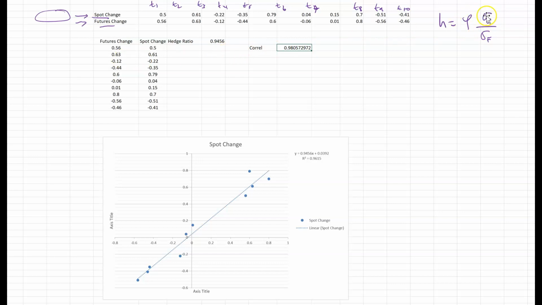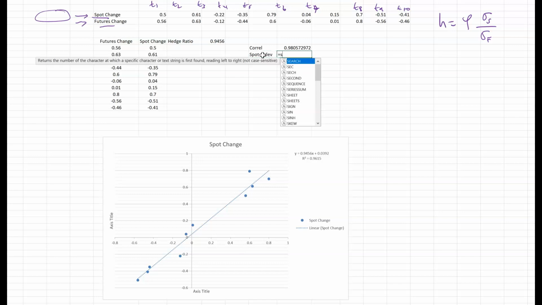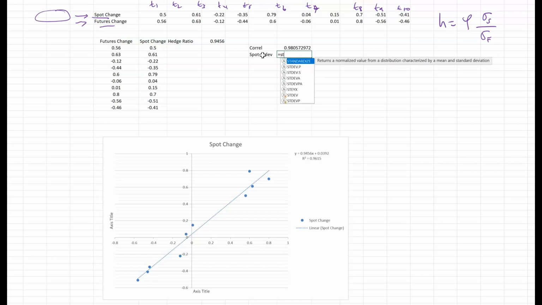Next, we need the standard deviation of the change in the spot. So spot is that standard deviation, and that is the standard deviation of the change in the spot. Let's use that. That's our standard deviation of change in the spot.